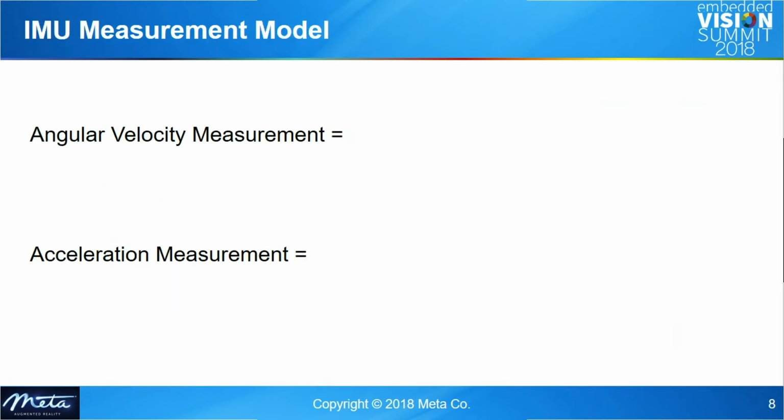But unfortunately, things are not quite this simple. So given the true angular velocity, given the true linear acceleration in the world coordinates, let's see what we actually get out from the sensor. For the angular velocity, we start with the true angular velocity. Unfortunately, the IMU devices exhibit bias, meaning that even when the IMU is sitting completely still, you don't get a zero reading.